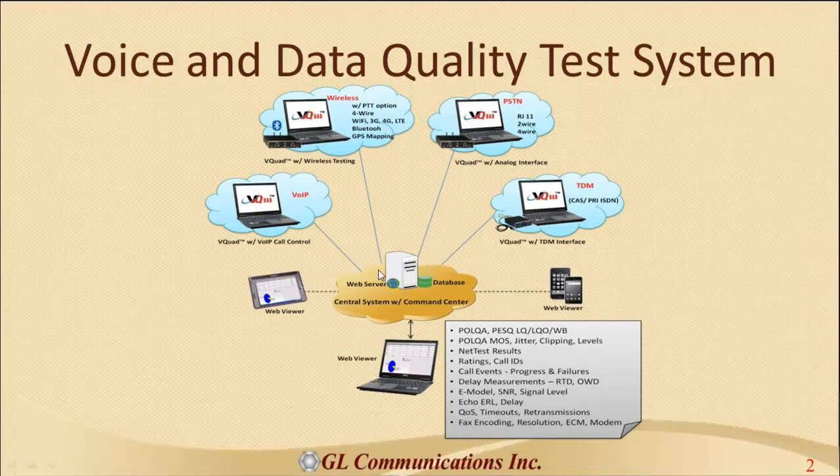And all these results can be sent to our central database, as you can see in this diagram. This central database is a web-based application where you can query all your results sent from Vquad, VQT and other records, and monitor the results.